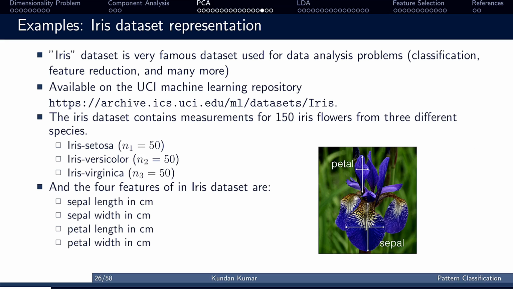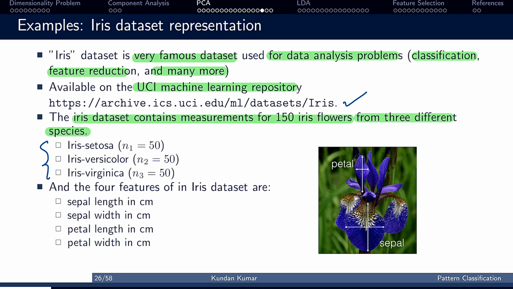Here the iris data set is a very famous data set, used for data analysis problems like classification, feature reduction and many more. This data set we can collect from the UCI machine learning repository at this given link, and it contains the measurement of 150 iris flowers from 3 different species: iris setosa, versicolor, virginica.